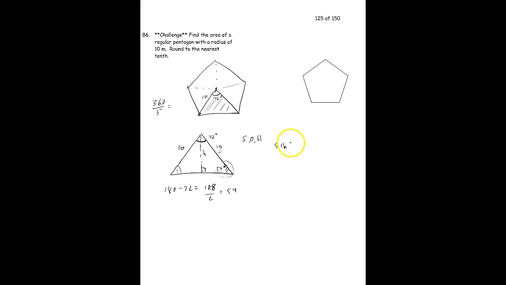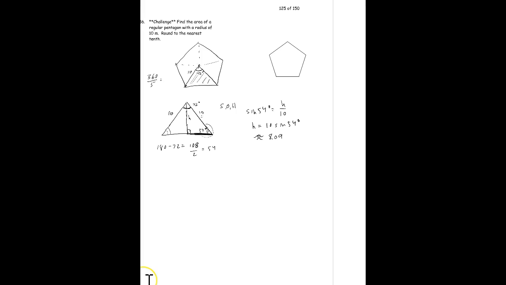So sine of that angle, 54 degrees, is going to equal opposite, which is the height, over hypotenuse, which is 10. So the height of this triangle will be, let's multiply both sides by 10, 10 times sine 54 degrees. So I put that in my calculator. You'd get 8.09 approximately. I'm going to use 2 decimal points because I want to round at the end.